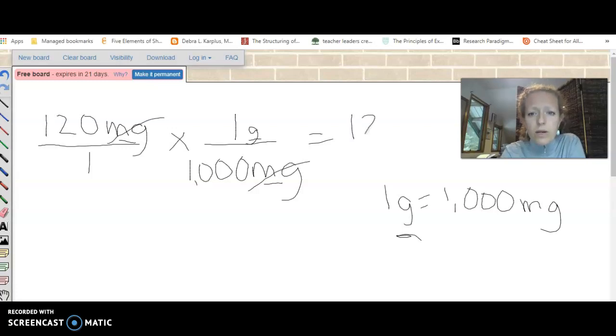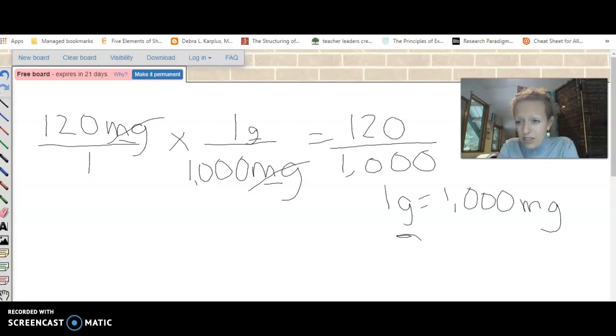Well, 120 times 1 is simply 120. Over 1 times 1,000, well, that's just 1,000. And remember, a fraction is the same as a division problem. We have 120 divided by 1,000.